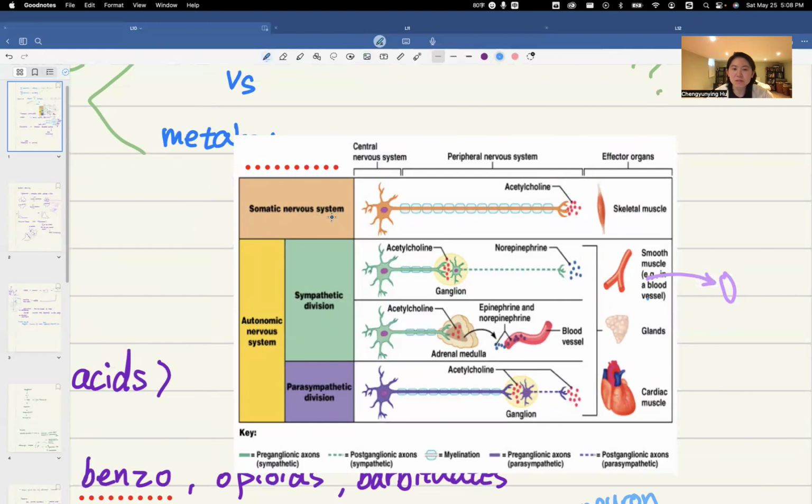The somatic nervous system. The brain sends a neuron and it creates acetylcholine, and acetylcholine binds to skeletal muscle to tell the muscle to contract. So what type of neuron is this?